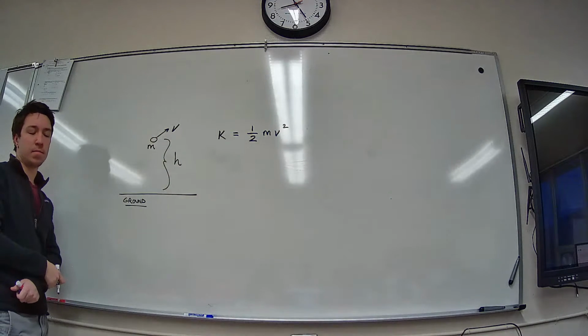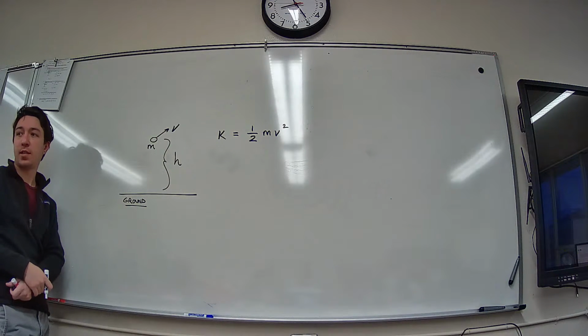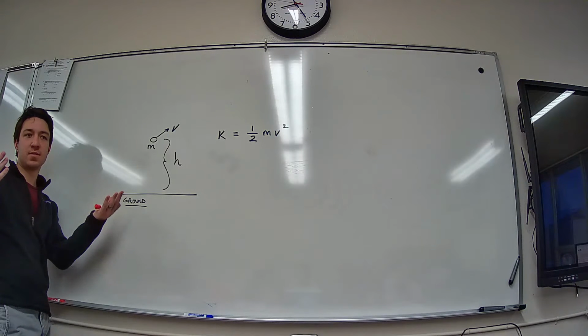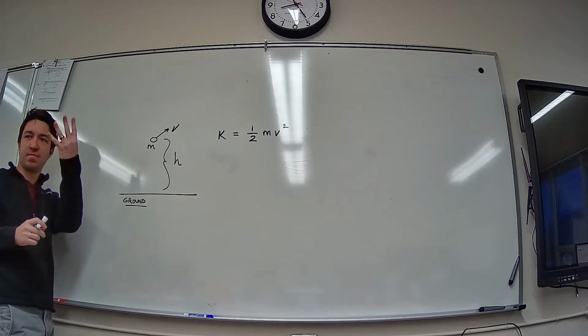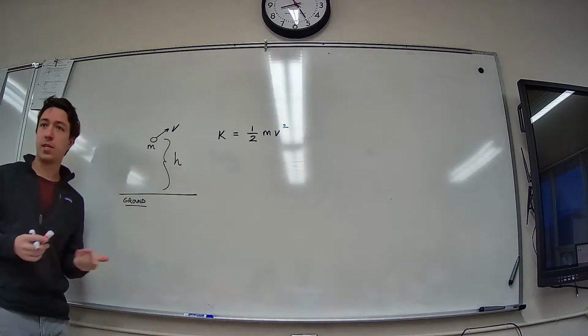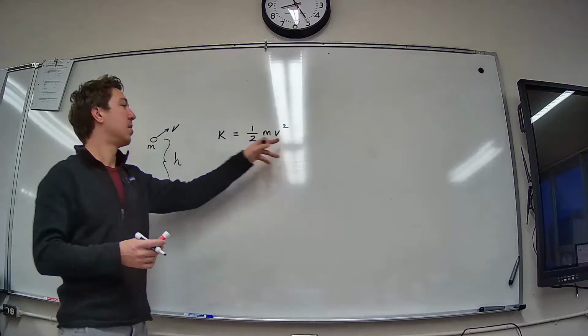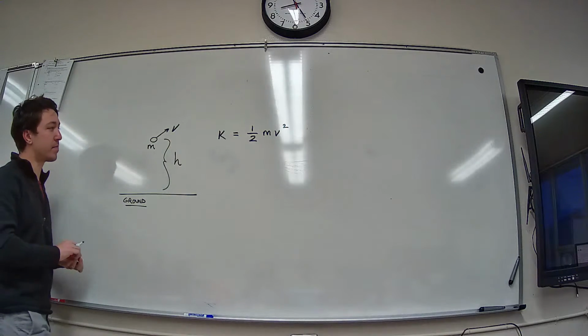And so you get results like, say, if you double the velocity of your object, what happens to the kinetic energy? 4 times bigger. If you double the mass, it only doubles the energy. So it's a nonlinear relationship with v.